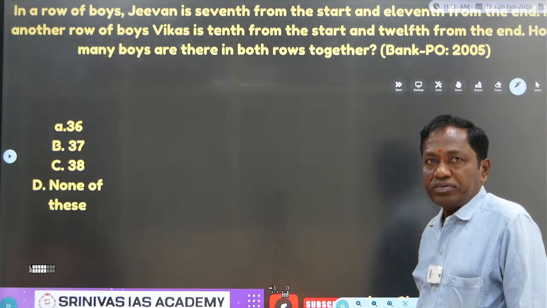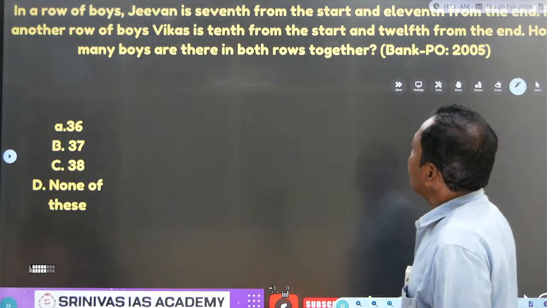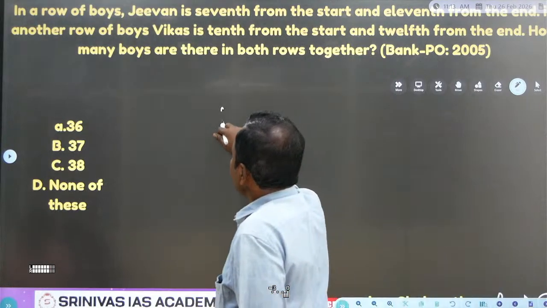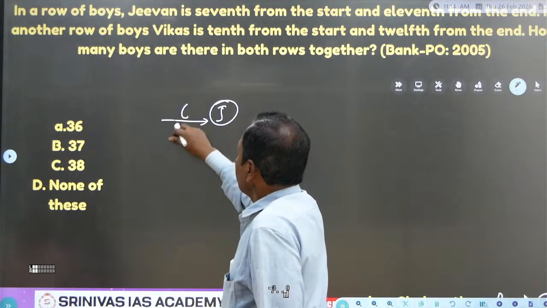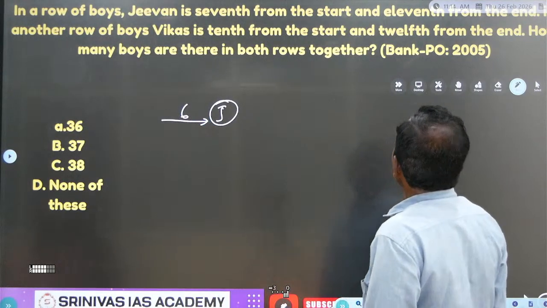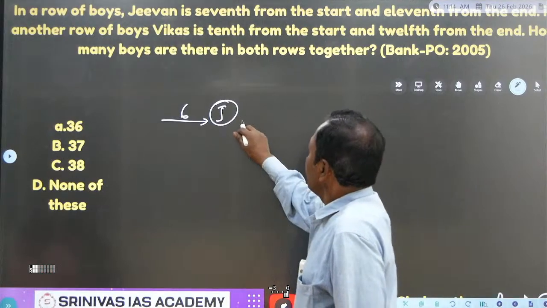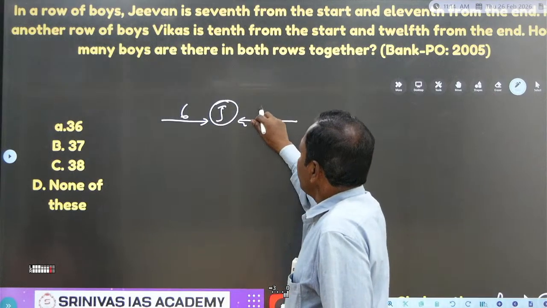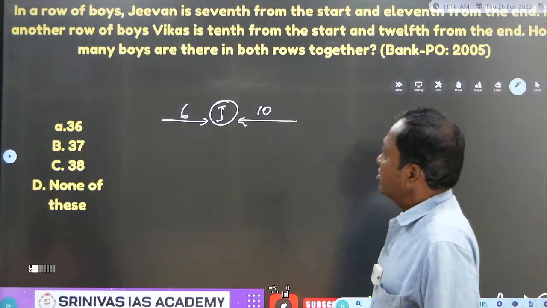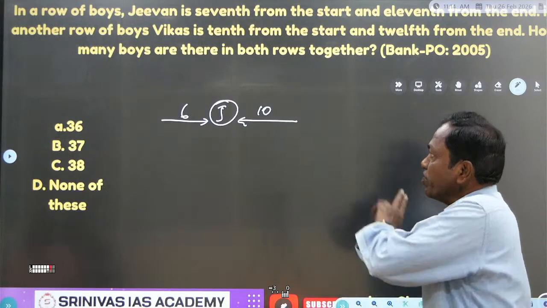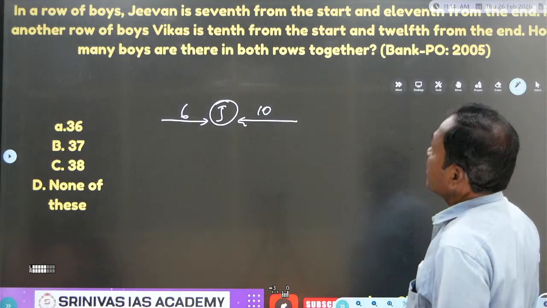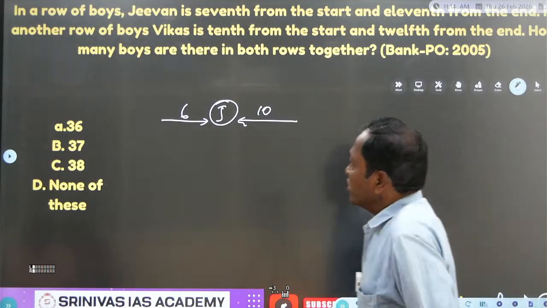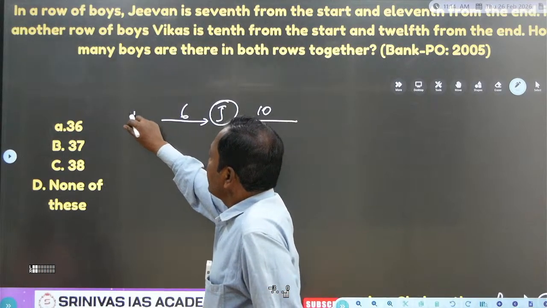In a row of boys, G1 is 7th from the start and 11th from the end. There are 10 after him, G1 is counted as 11th from the right end. This is row 1.